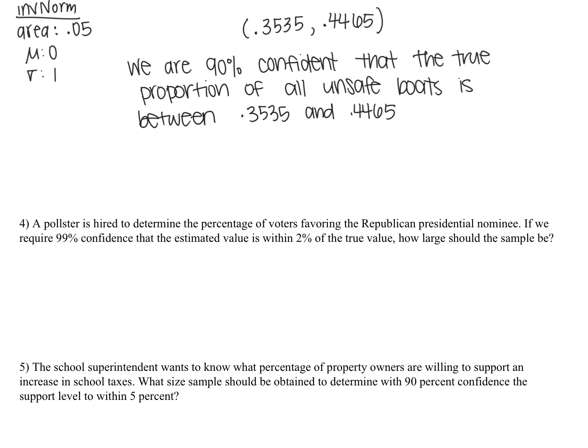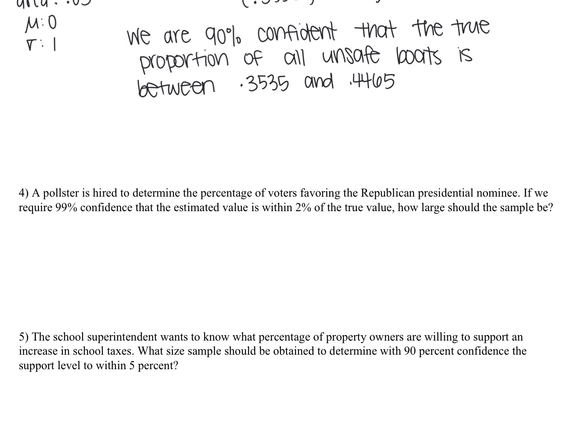In our next example, we have that a pollster is hired to determine the percentage of voters favoring the Republican presidential nominee. If we require 99% confidence that the estimated value is within 2% of the true value, how large should the sample be? So the formula to solve for a necessary sample size is on your formula sheet.